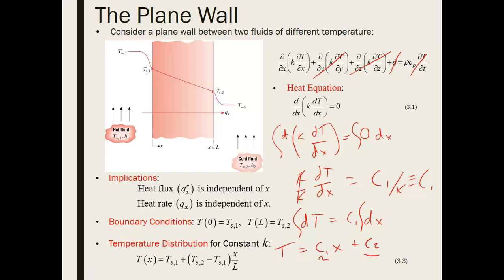So the temperature at any point x is equal to surface temperature 1 plus the difference in surface temperatures times x over L. So just to make this a little bit more clear, I want to walk through how exactly we get that form of the equation.